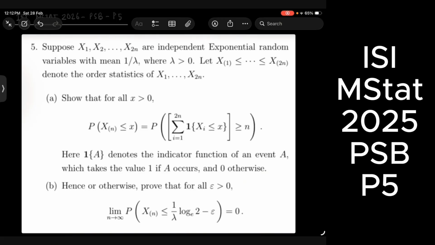Then you have to show that the limit of the probability that x order n is less than 1 by lambda log 2 minus epsilon will be 0. How will you do this? Any idea?